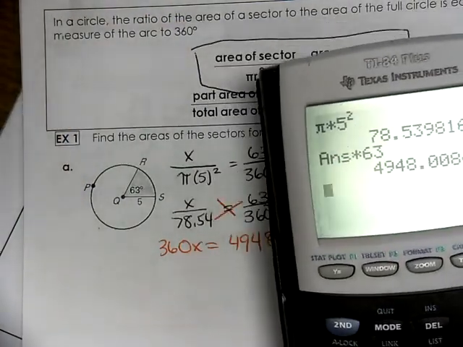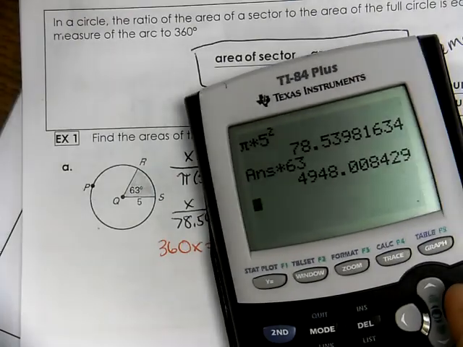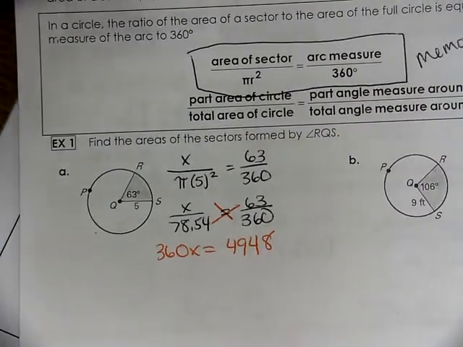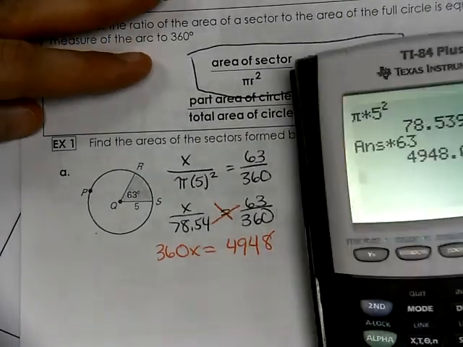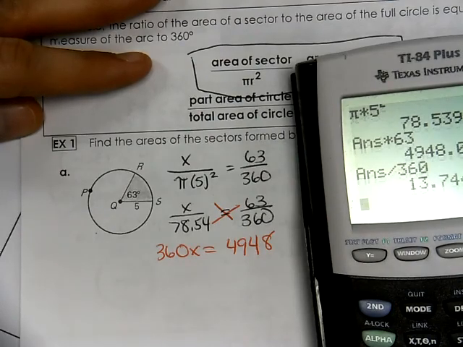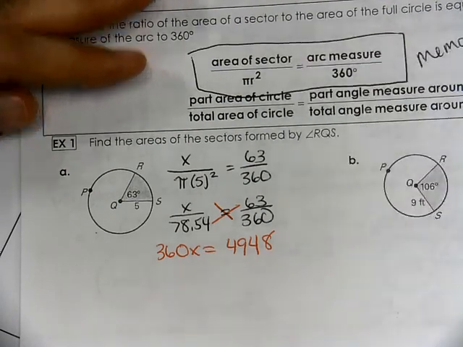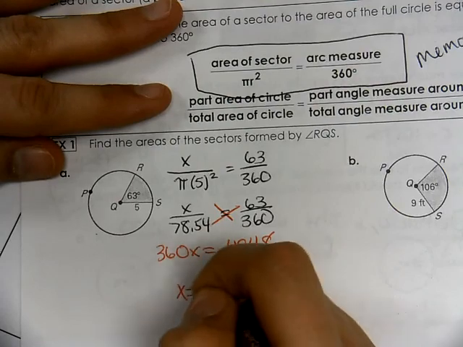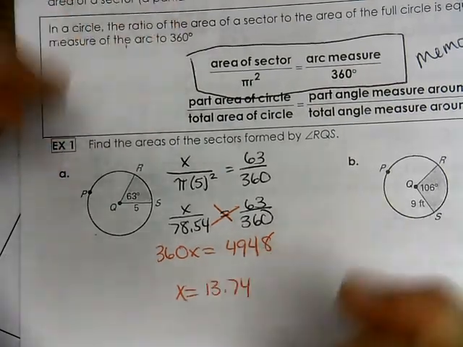It's weird, it comes out like a whole number. And then divide by 360. 13.74.